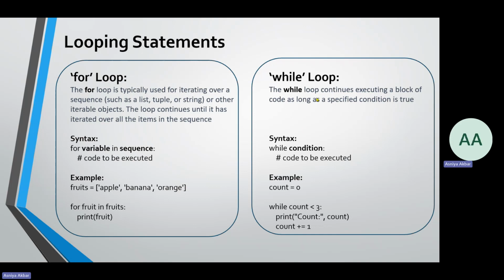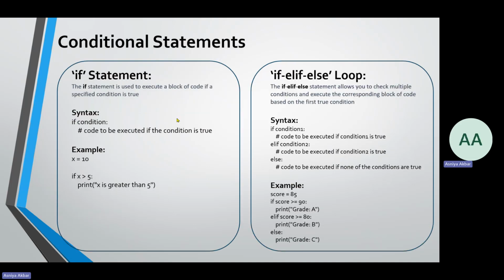When you look at the while loop, it is going to continue, or enter into an infinite loop, if the condition does not become false. For a while loop to work, the syntax is while and a condition. If this condition is true, then this code will be executed. If this condition is false, it will not execute. So we always try to create a counter so that it does not enter into an infinite loop.